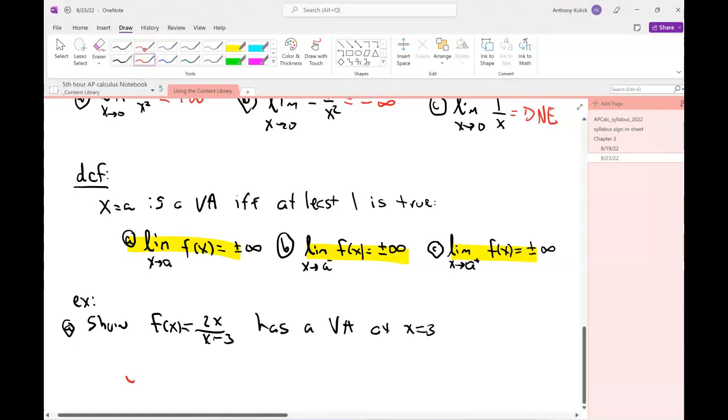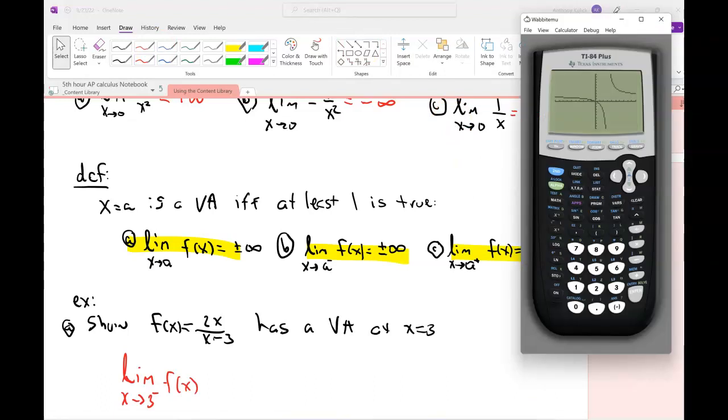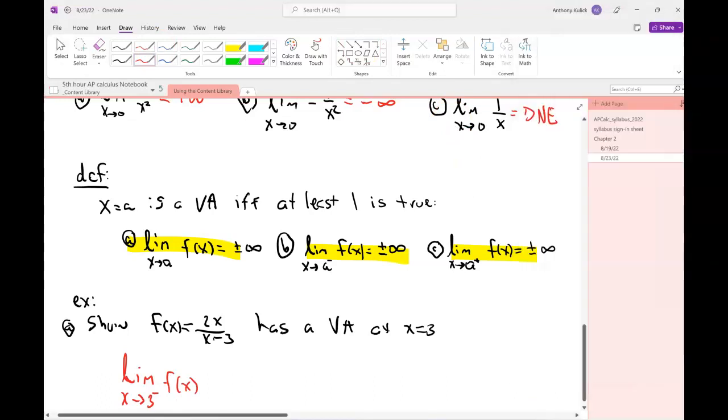So we have that the limit as x approaches 3 from the left of f of x was equal to negative infinity.